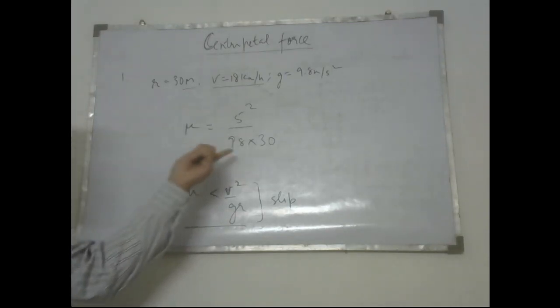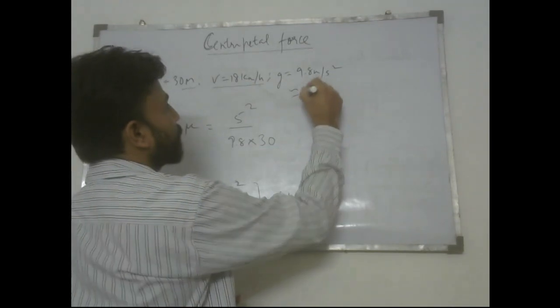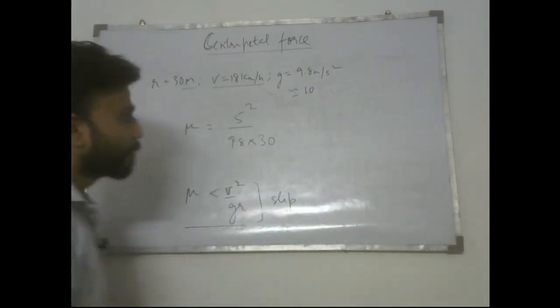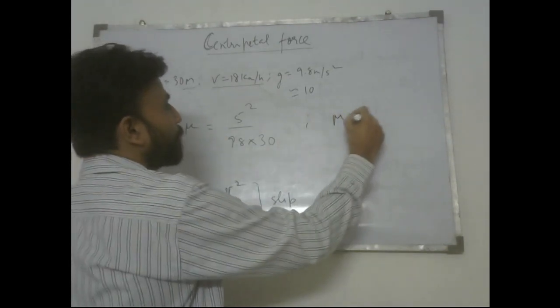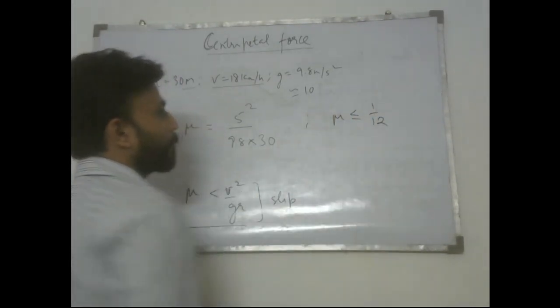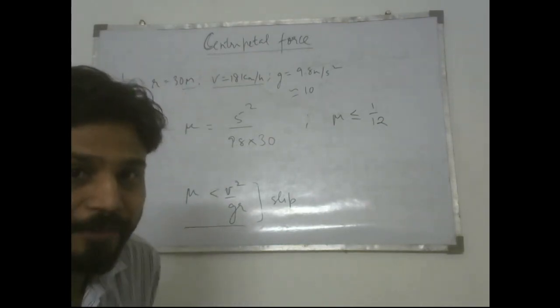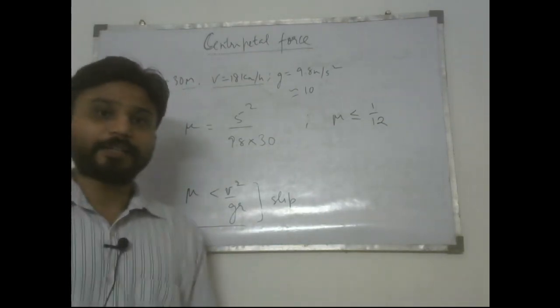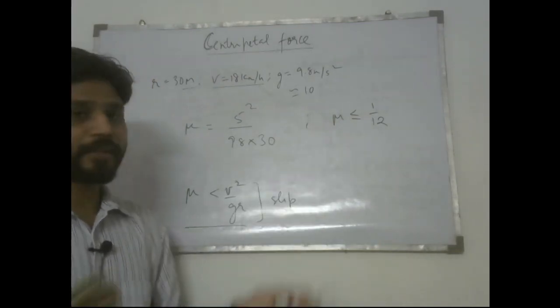Let us say the value of g is nearly 10 meters per second square for the calculation's sake. So the value of mu comes out to be less than or equal to 1 by 2. So from that we can demonstrate the idea that when the coefficient of friction is less than 1 by 2, then the car is going to slip.